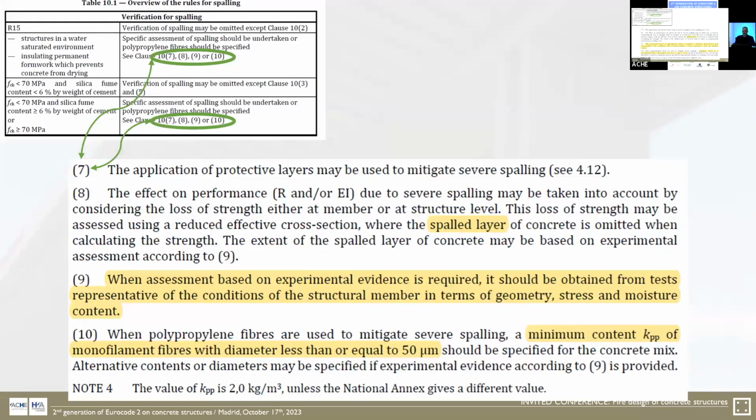And then there is a value of KPP, which is 2 kilograms per cubic meter. But here we could not get rid of the national annex. We tried as much as possible to get rid of nationally determined parameters. In this case, evidence was still quite mixed. So we felt it wise to retain this liberty, this freedom to decide.